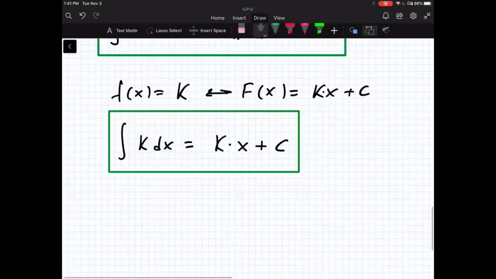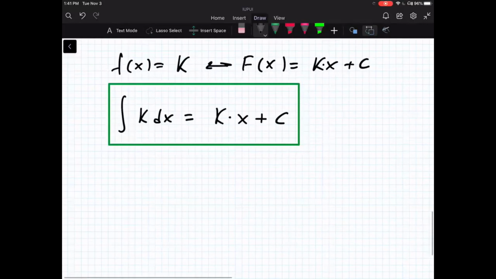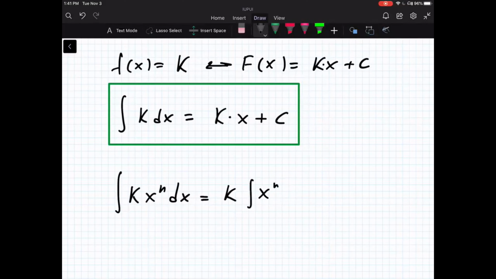And we can combine these two formulas and see that the integral of k x to the power n dx will be k times the integral of x^n dx, which is k x^(n+1) over n plus 1 plus constant.